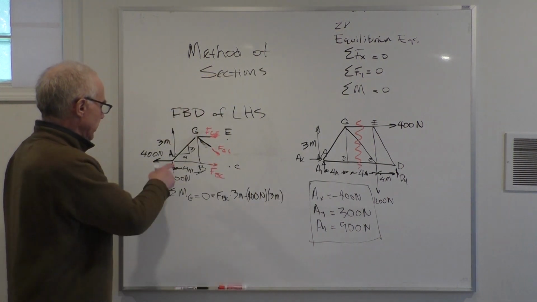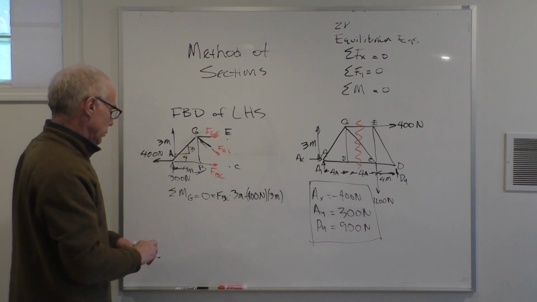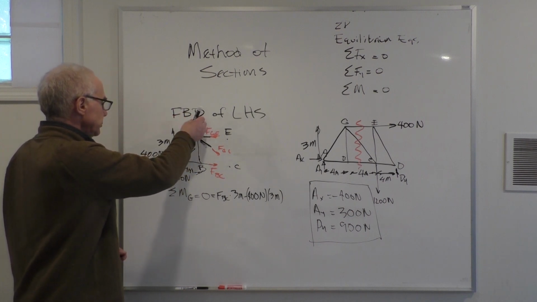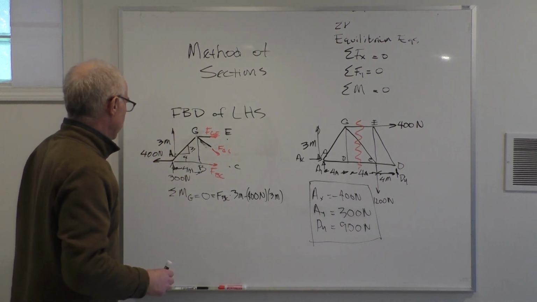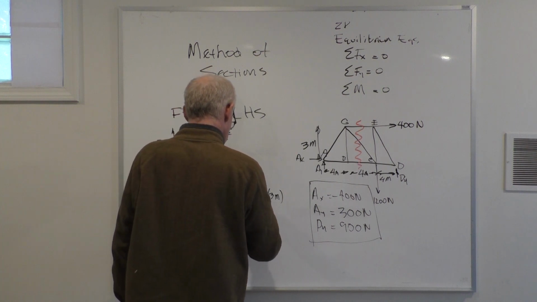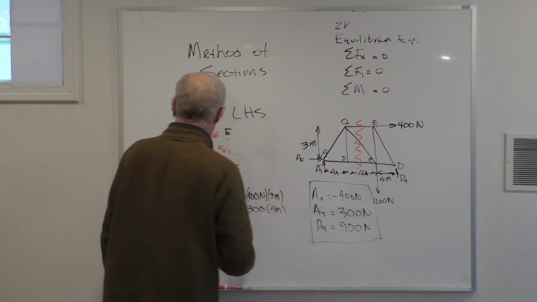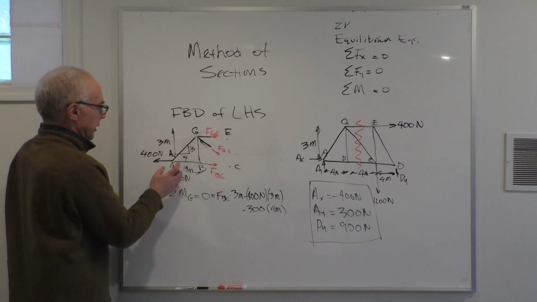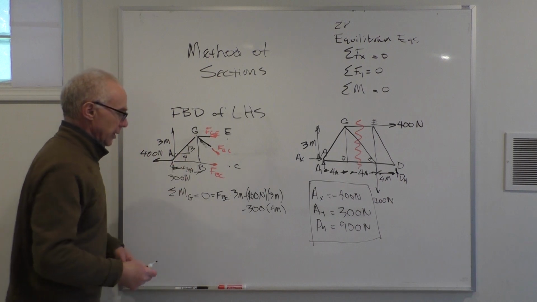And then our last one is 300 newtons. This one is also, where are we? Our moment about G, also clockwise. Yep, clockwise. So it's going to be minus 300 newtons times, in this case, 4 meters, because we have 300 newtons times this length, which is going to be our perpendicular distance from the line of action of this force. We have this distance here. It's going to be 4 meters.